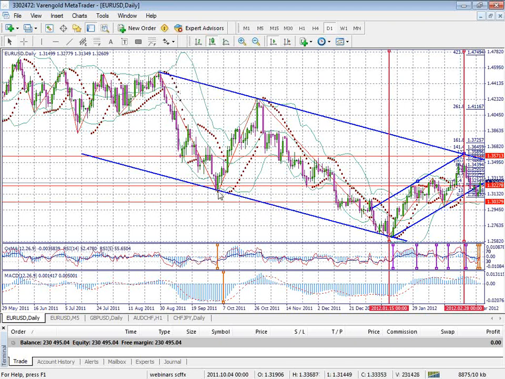But after some time I need to protect my winnings. I will move the stop loss as long as I have a new dot here. So once you start to be on positive, you have to change the stop loss to protect at least part of your profit. This is what Parabolic SAR is helping us to do.